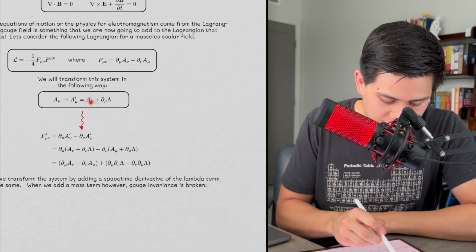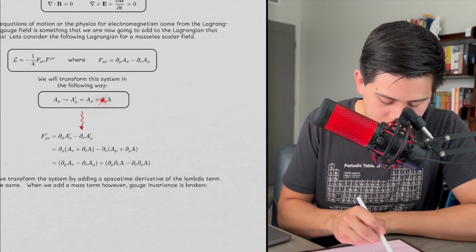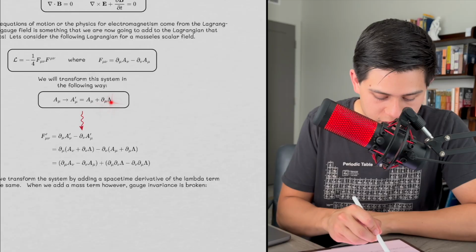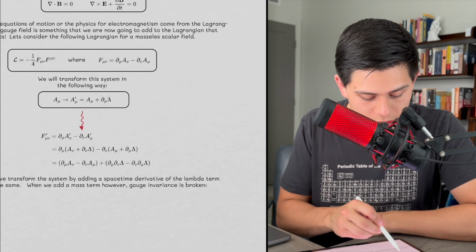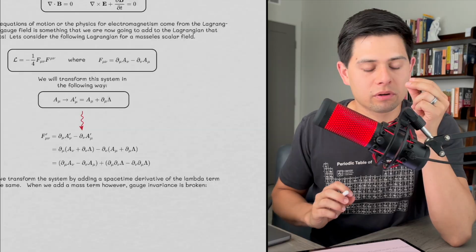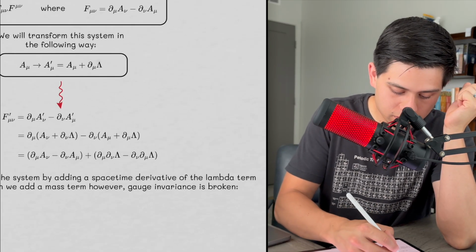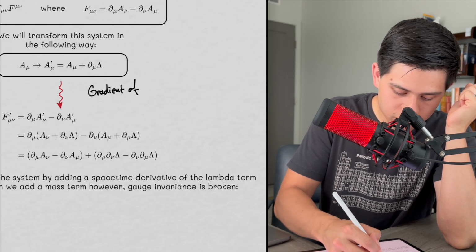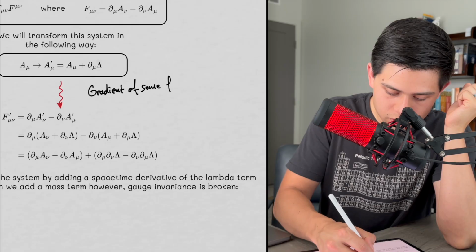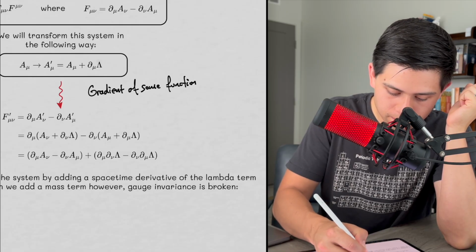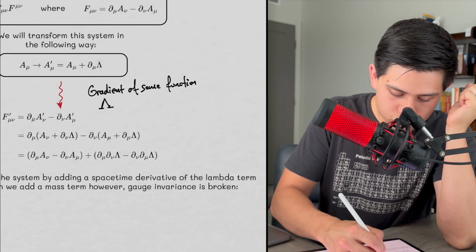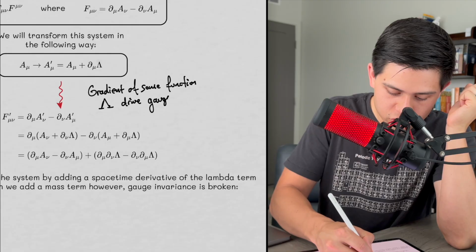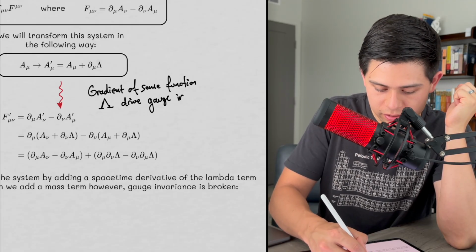If we say that A mu plus the divergence, or the gradient, of this function, I want to write this down actually: the gradient of some function lambda is going to drive gauge invariance.